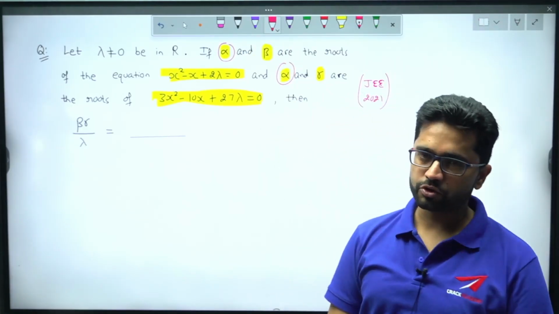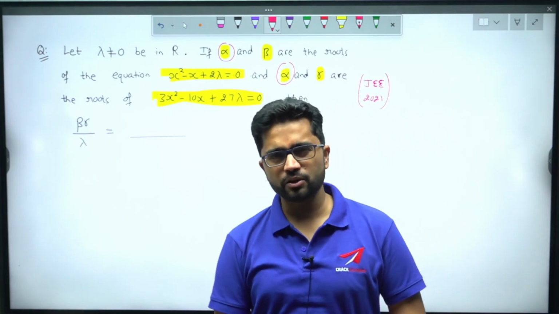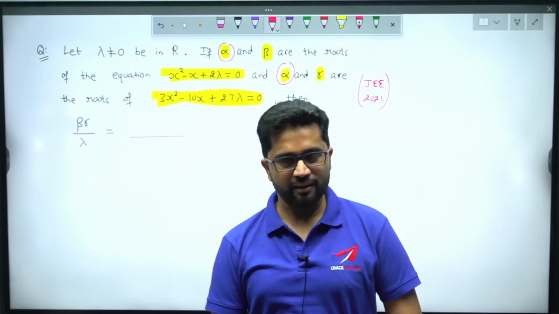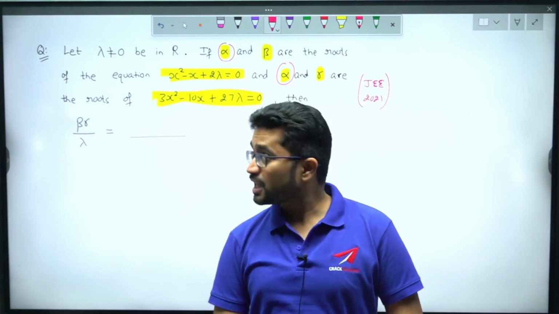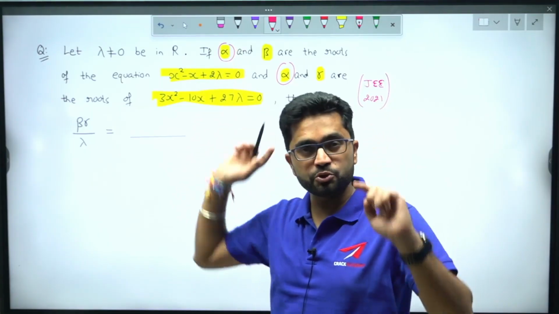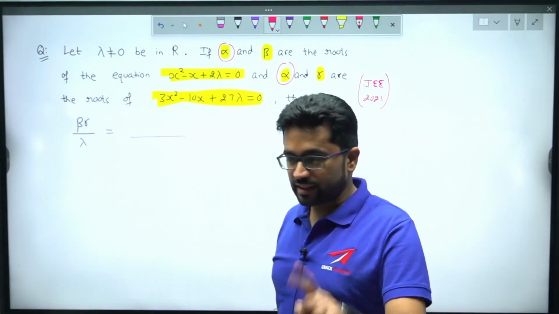So what should be the approach? The two equations have a single common root named alpha. Do we need to eliminate alpha and alpha square, and thereafter get the value of lambda, just like in the last-to-last question?